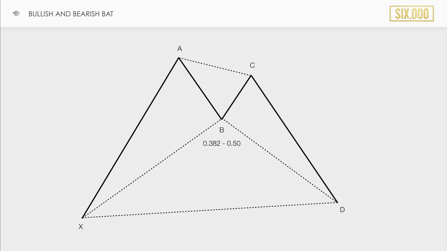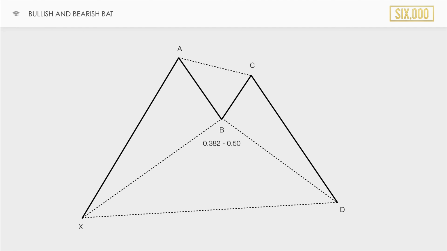The B point in a bat pattern comes in at 0.382 to 0.5. So the minimum is 0.382. We really want price to test that level as a minimum measurement. That's the minimum retracement. And the maximum, we don't want price to far exceed 0.5. We really want price to complete within a close proximity. We want it to be less than the 0.618 measurement.